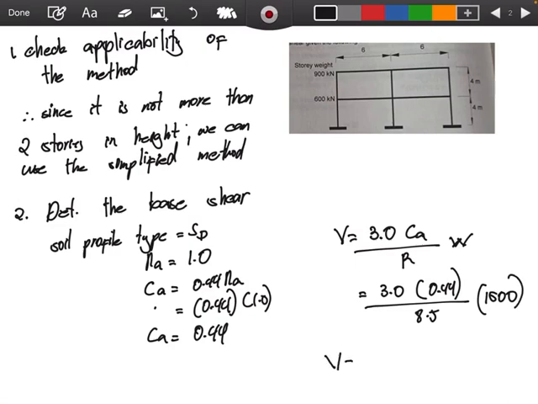So V is equal to 233 kilonewton. That is the base shear.